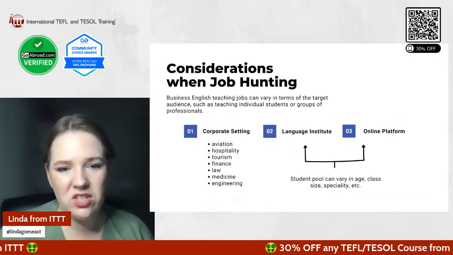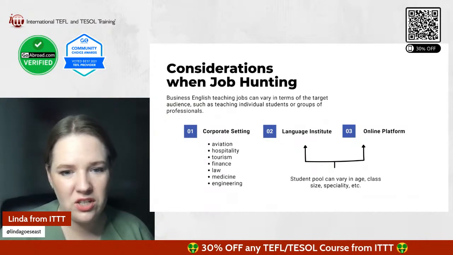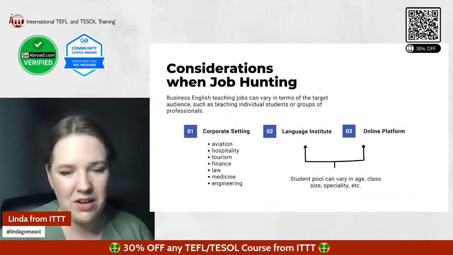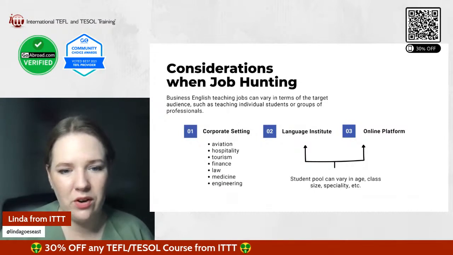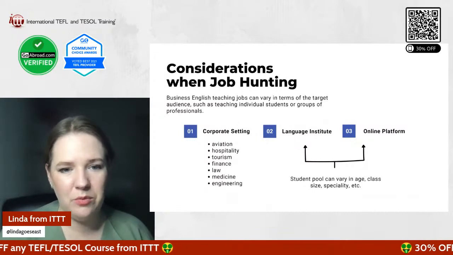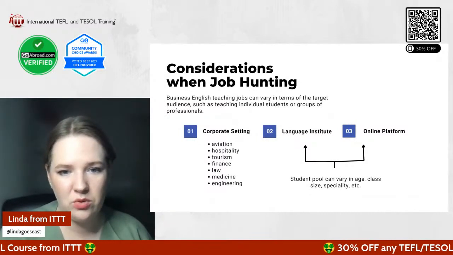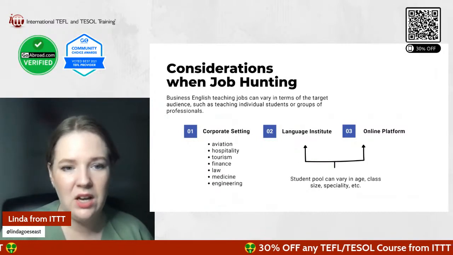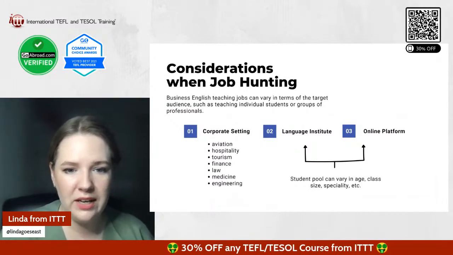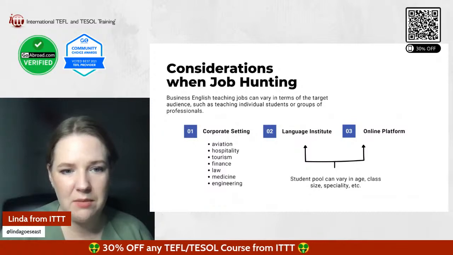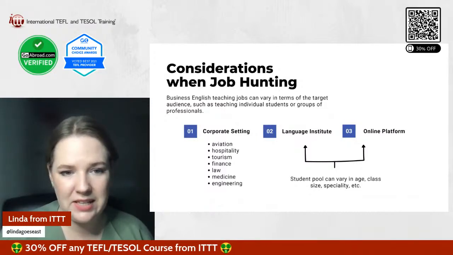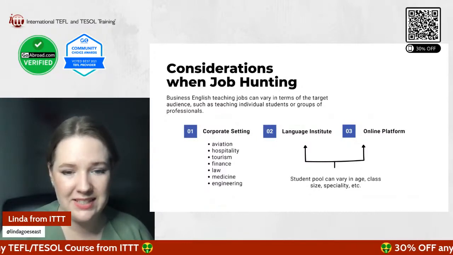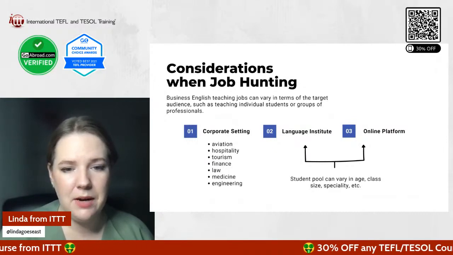And again, also the student pool, they can vary in age, in class size, and in speciality with all of these things. With option number 2 and 3, language institutes and online platforms in specific. With the corporate setting, you usually stay with the same speciality, the same industry, and often also the same students.